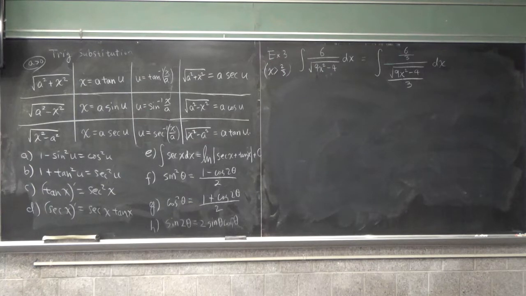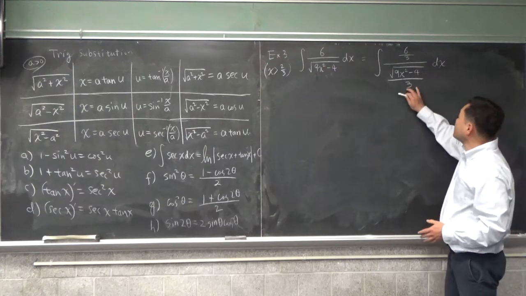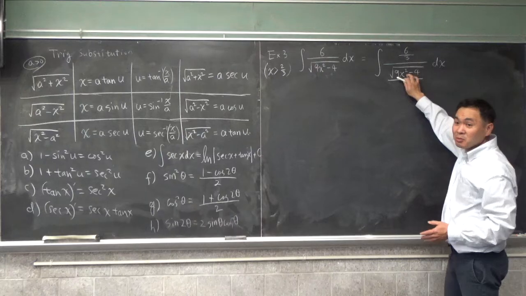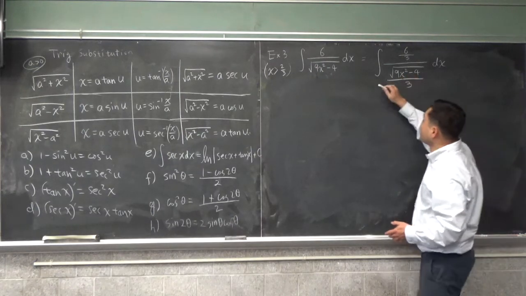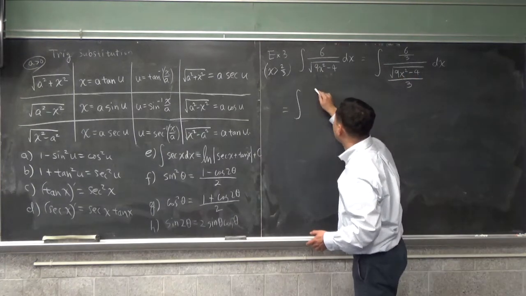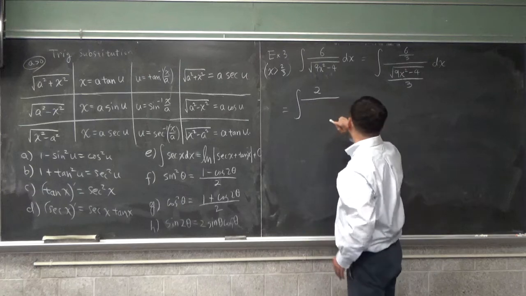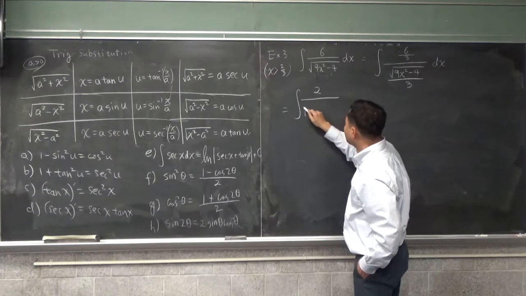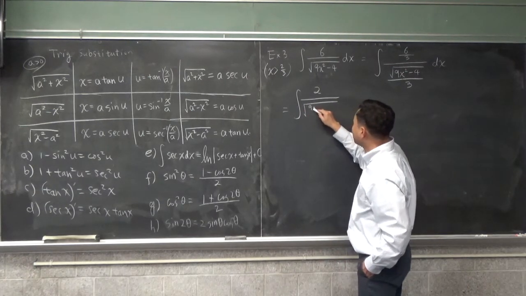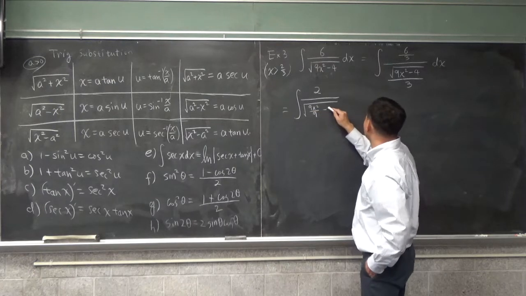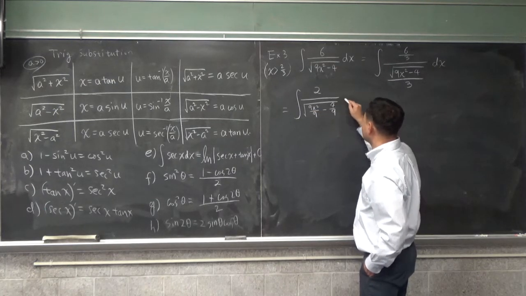And why did I divide top and bottom by 3? Because when 3 goes inside the square root, it becomes 9. Right? So top will become 2. Whereas inside the square root, you have 9x squared over 9 minus 4 over 9.